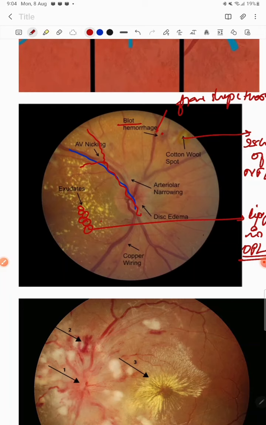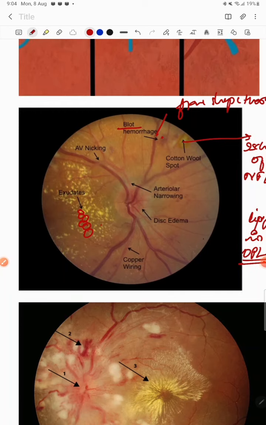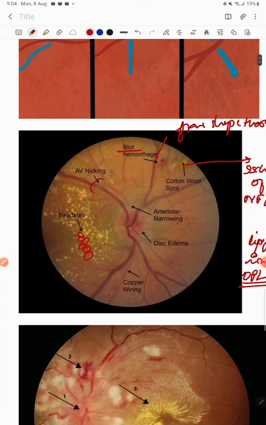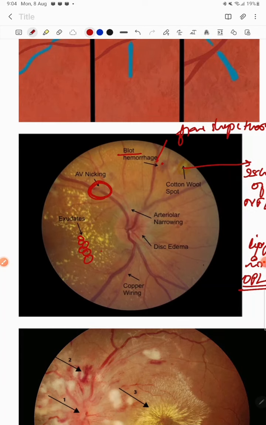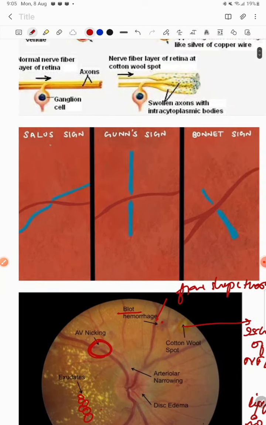So this is the normal AV crossing. But what happens in hypertensive retinopathy? At this area you will have some changes that are called Salus sign, Gunn's sign and Bonnet sign.